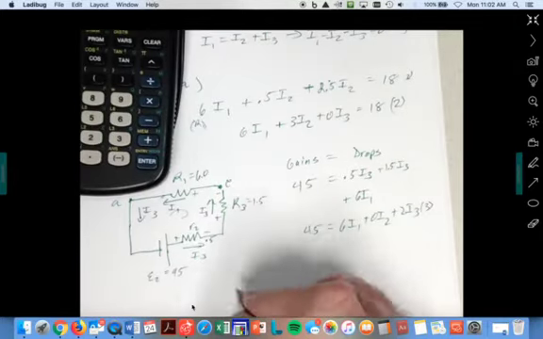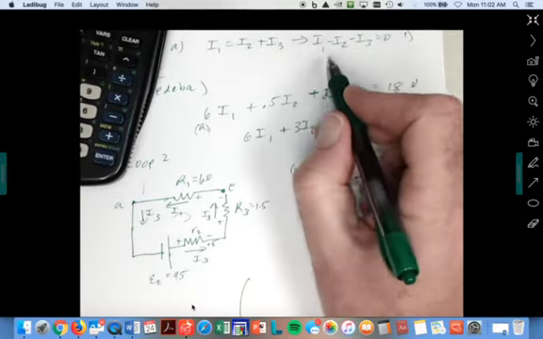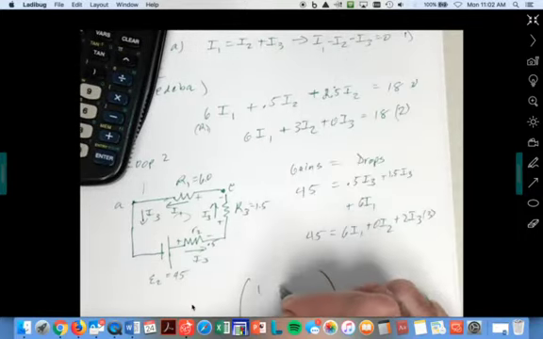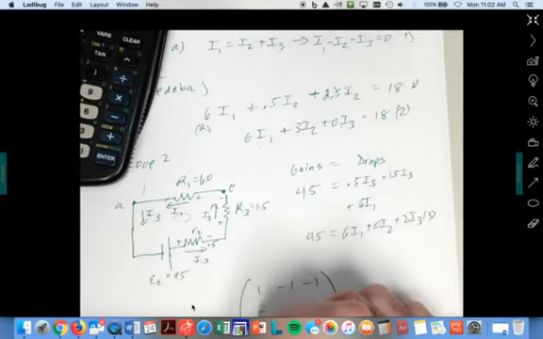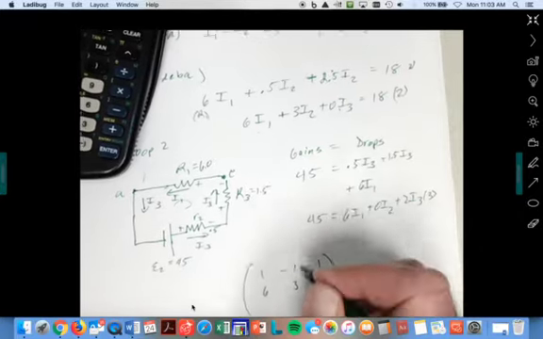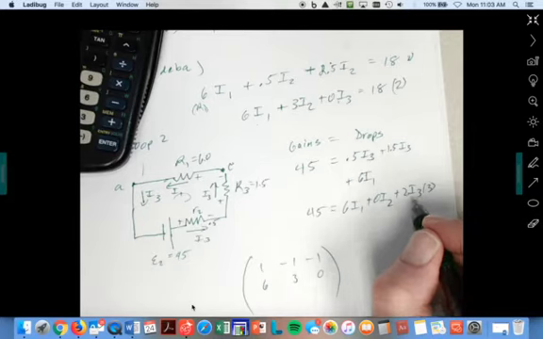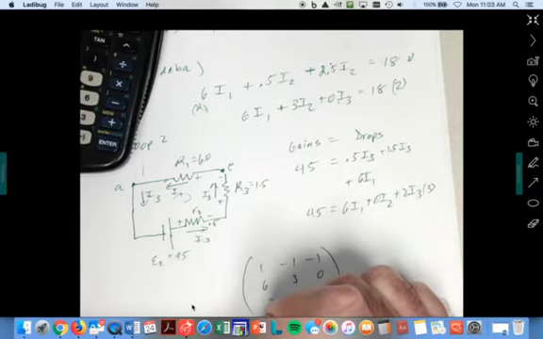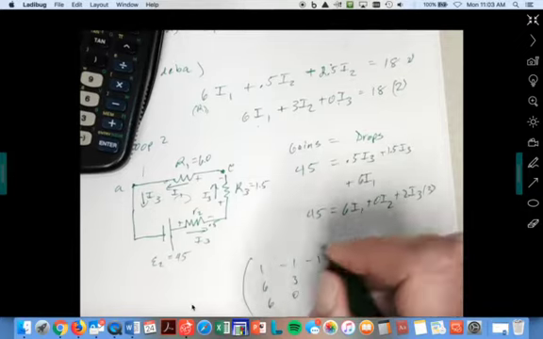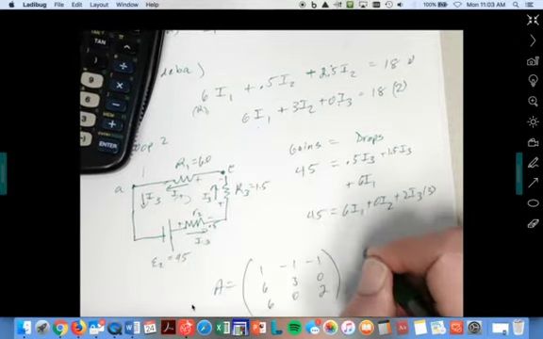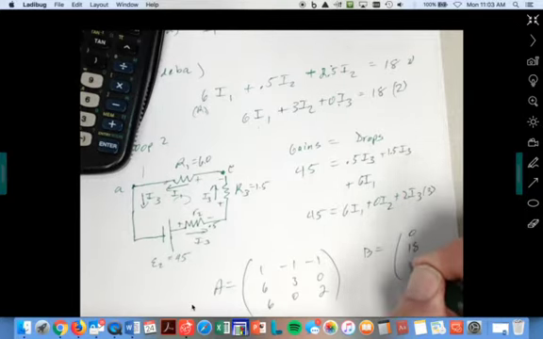Let me write out the 3 by 3 matrix here. Matrix A is going to be 1, -1, -1, with 6, 3, 0, and 6, 0, 2. And this is matrix A. Matrix B is equal to 0, 18, 45.